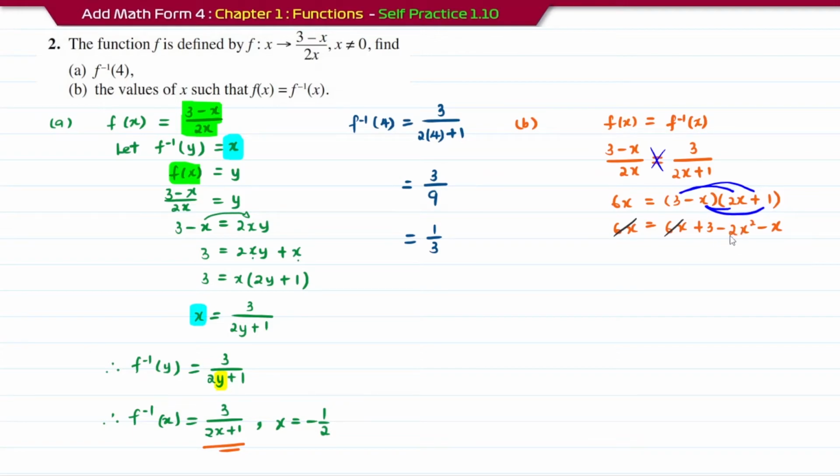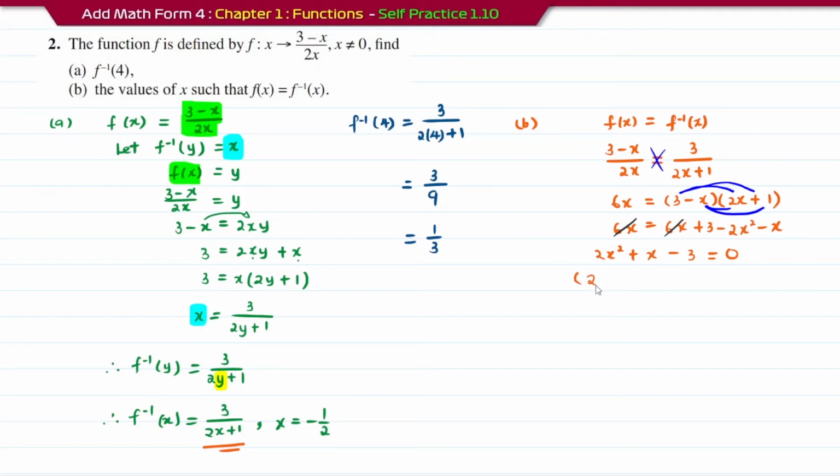We want the coefficient of our x squared in positive form. Therefore, we're going to move everything to the left hand side. Next, you're going to have 2x squared plus x minus 3 equal to 0. For this part, we're going to do the factorization.